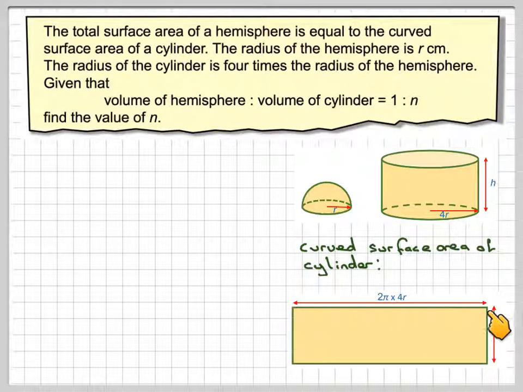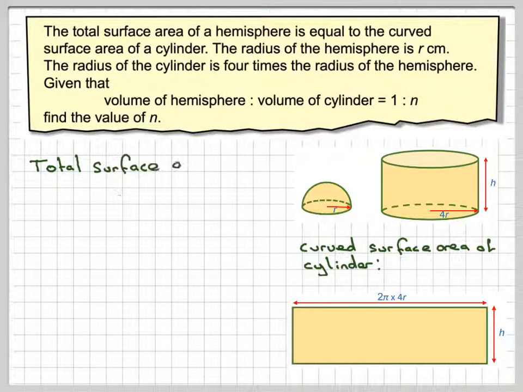Now, this length here has to be the same as the circumference of this cylinder. The circumference of a circle is 2 pi r, but r in this case is 4r, so the circumference here will now be 2 pi times 4r. This is the height.